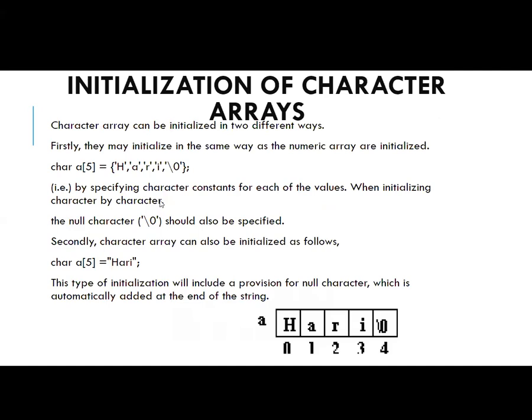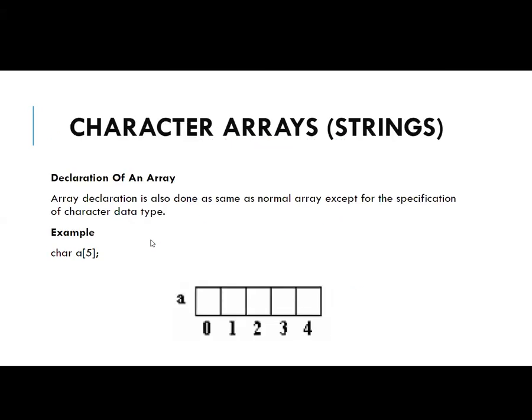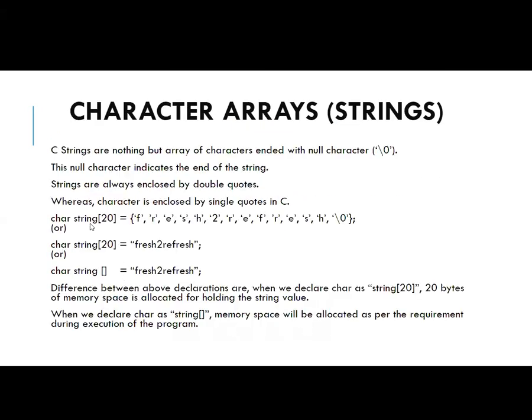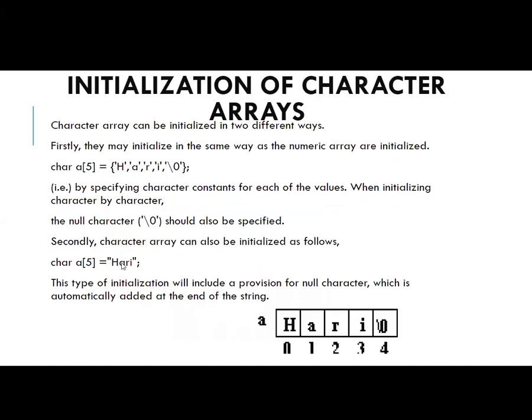Now, how do you initialize the character array? As I told you in the previous slide also, these are the various methods to initialize the character array. You can either give the individual characters and end with a null character, or if you are using single characters, then you need to specify the null character, or you can initialize it as a string in double quotes. In this case, the null character will be automatically added.